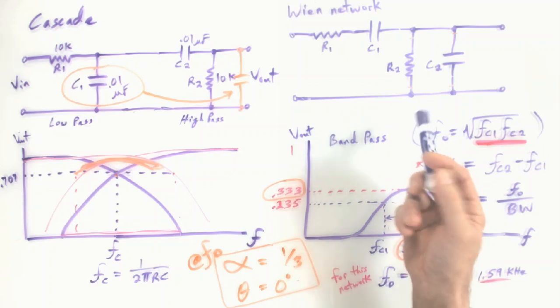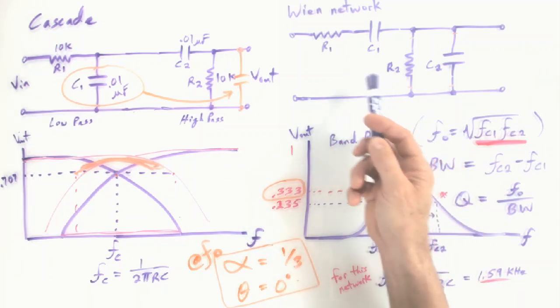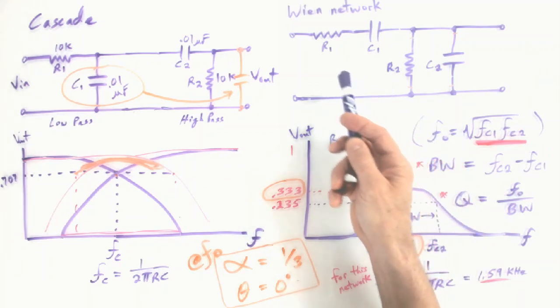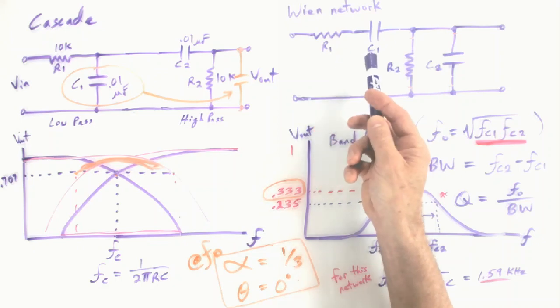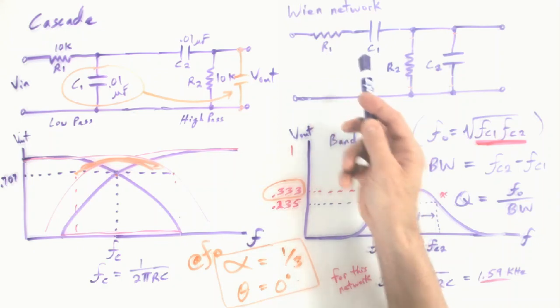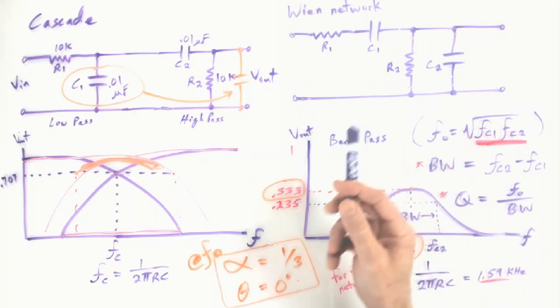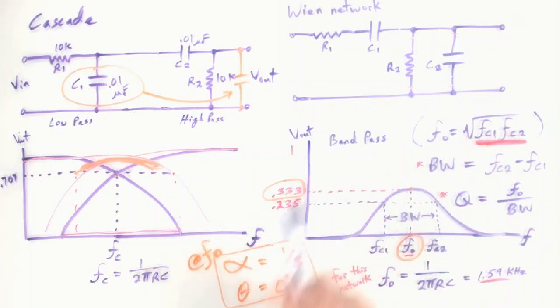I've even seen, in our textbook, they'll start explaining the Wien network as R1 and C1 being a pole, and R2 and C2 acting like a pole. I don't know about that. Maybe I'm missing something, but sometimes I read that with a grain of salt.